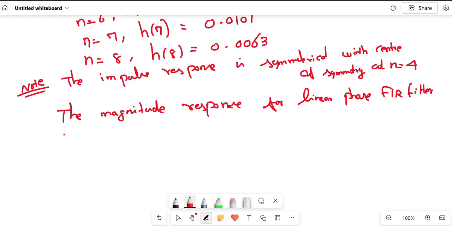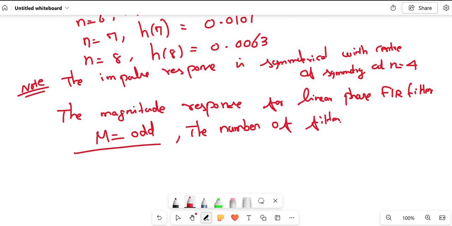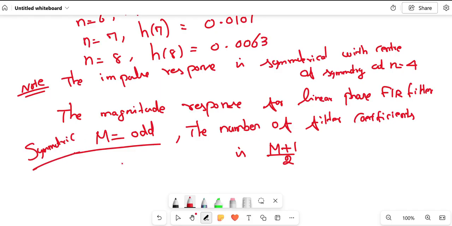For M odd, the number of filter coefficients is M plus 1 by 2 for symmetric and M odd.